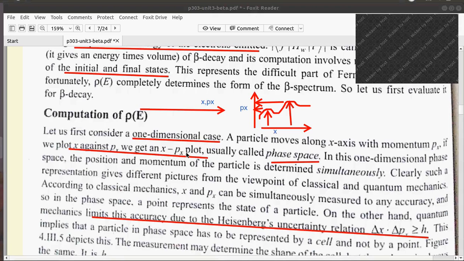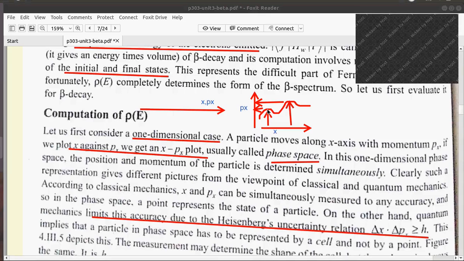If you are plotting the movement of the particle in a plot where one of the axes is the x-axis and the other axis is, instead of y, the px axis, then such a plot is called the phase space. In this you will have the motion of the particle going.